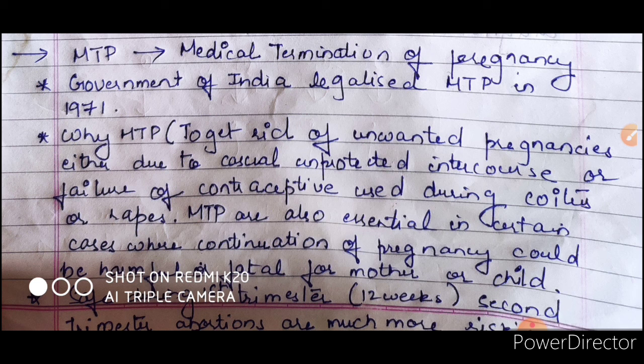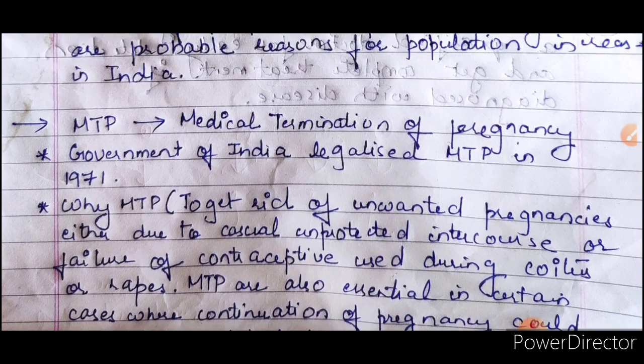MTPs are also essential in certain cases where continuation of the pregnancy could be harmful or fatal for mother or child. It is safe during the first trimester, that is 12 weeks, and second trimester abortions are much riskier.